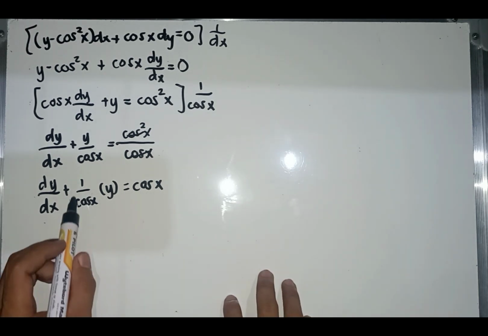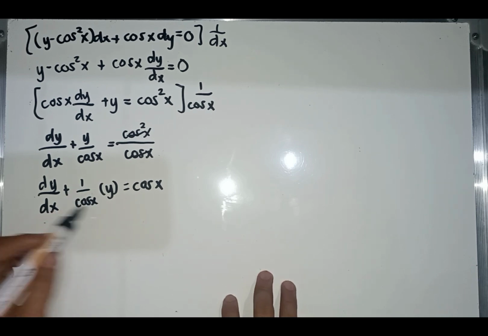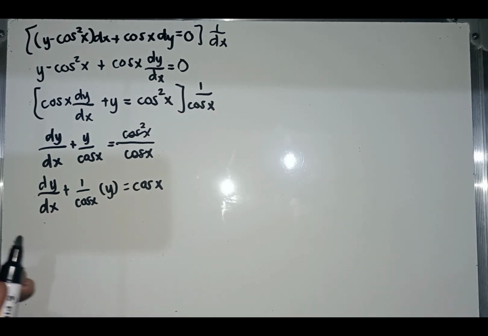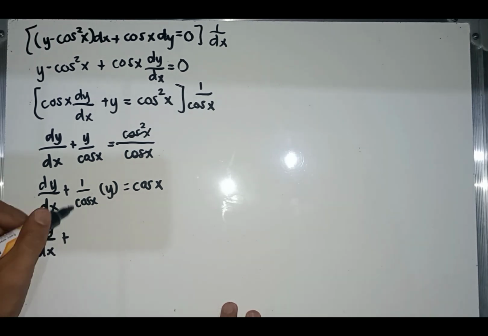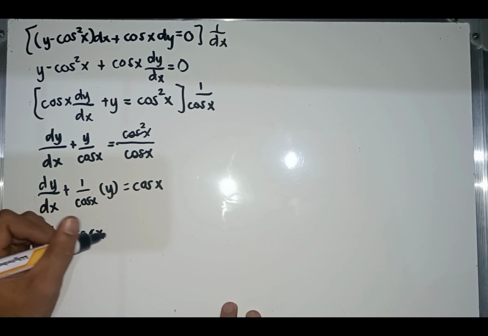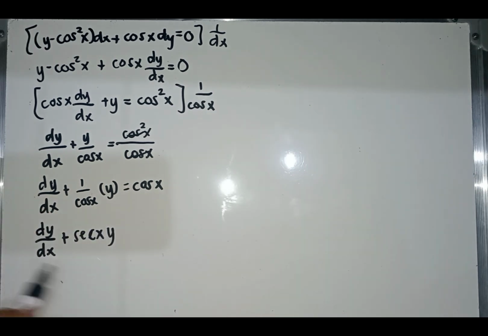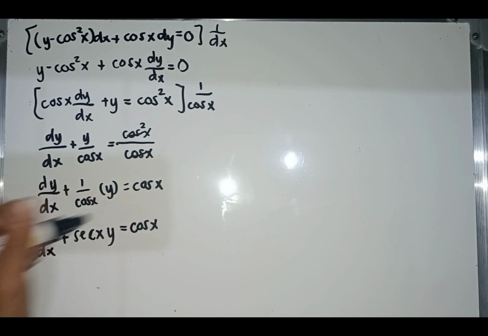Since it is a fraction, and also an identity of secant x, we're just going to change it to secant. So this will be dy over dx plus secant of x times y is equal to cosine of x. So now it's in linear form.